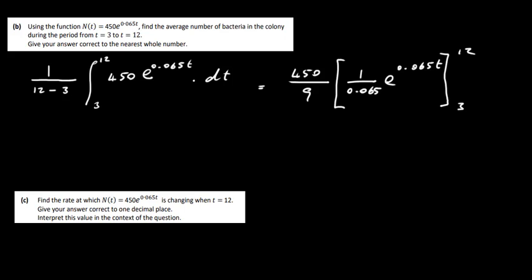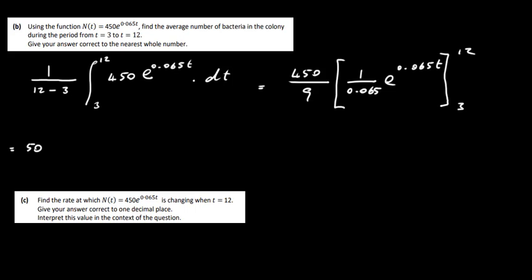Okay, so next step then is just to put in my limits and subtract. So I end up here with 450, which is 450 divided by 9, which is really just 50.